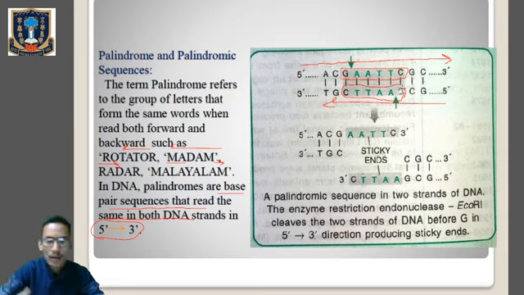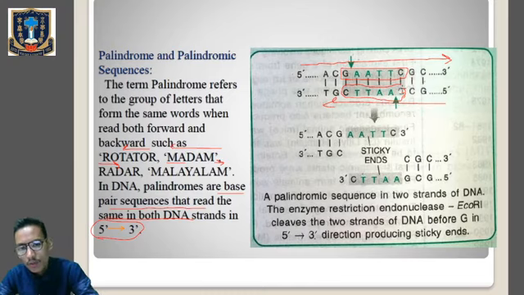Such sequences are called palindromic sequences, and they are recognized by the restriction endonuclease enzyme. And GAATTC is the palindromic sequence for which enzyme? EcoR1. Clear? Those sequences will be recognized by the restriction endonuclease enzymes and will clip it.